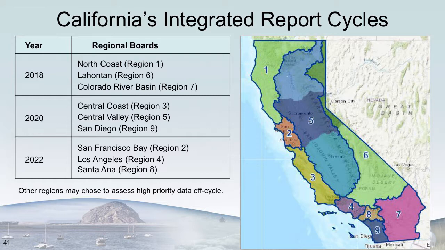And I think for the 2018, which we're currently working on, we only have one region that is not doing some sort of off-cycle assessment. So it's becoming pretty widespread because it is hard to wait 6 years between when you're really looking at some high priority data.